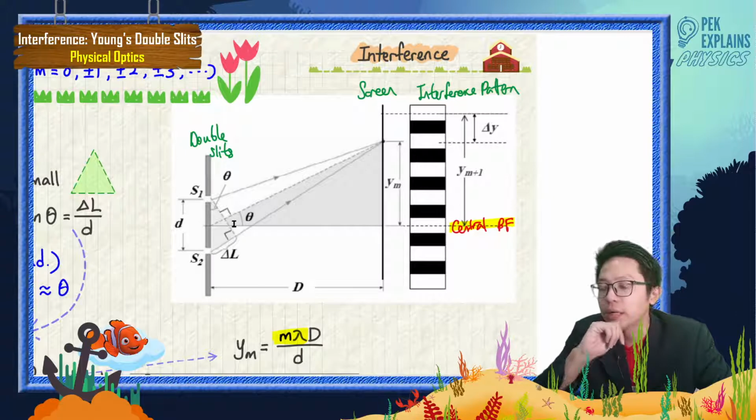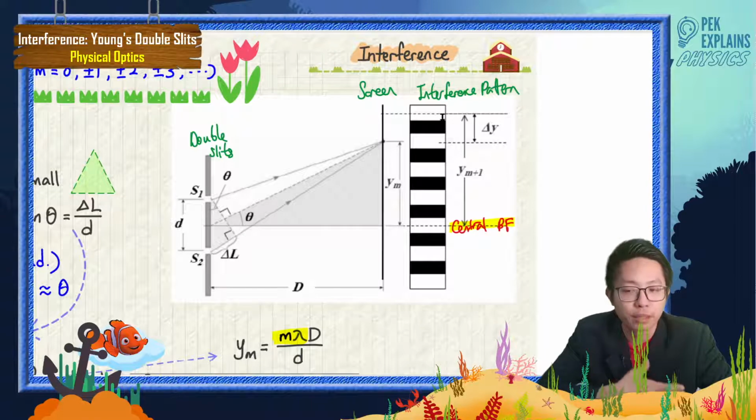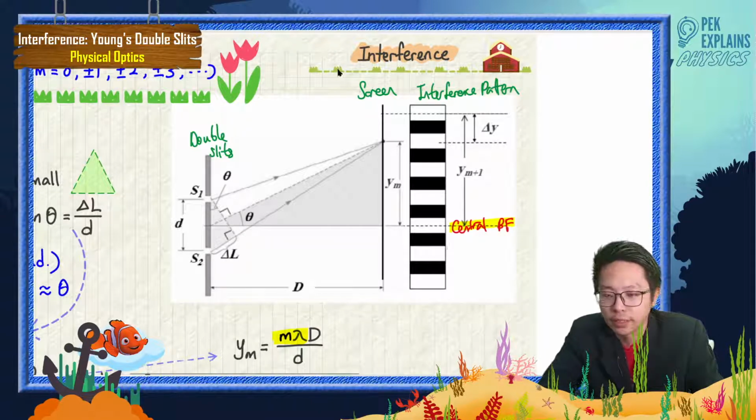Okay, and then here delta Y. Delta Y is the separation between two consecutive bright fringes, or the separation between two consecutive dark fringes. You can see delta Y between the bright fringes and between the dark fringes are equal. Like you see here, this is the delta Y between the two bright fringes.